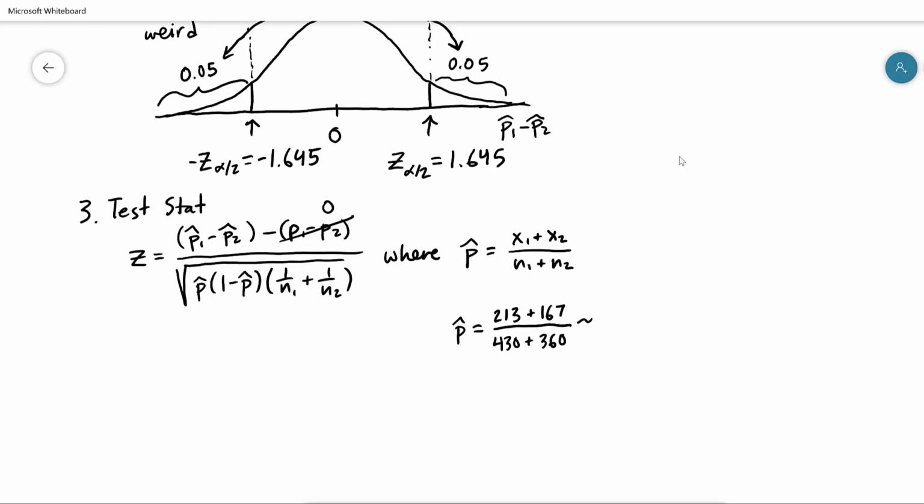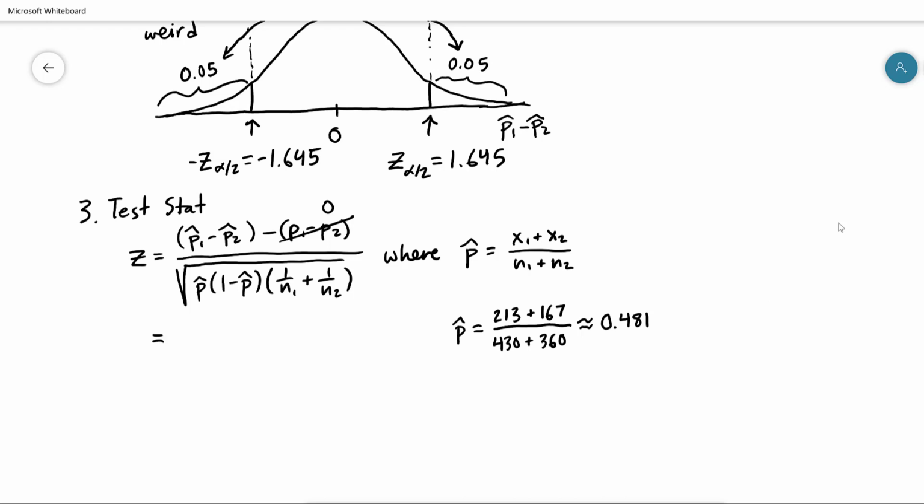And if I add those together and compute that pooled proportion, let's see, I get 380 on top, 790 on the bottom. Plug that into the calculator, and I get 0.481, it looks like. So there's the number for this pooled proportion. This number is going to get plugged in those two locations, there and there.